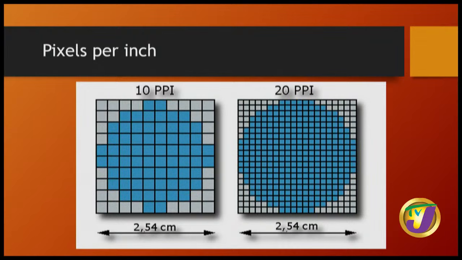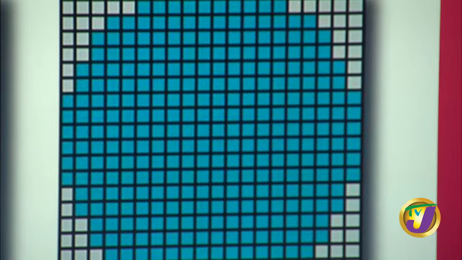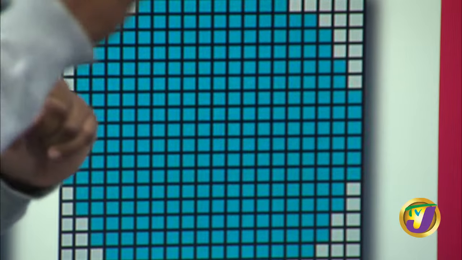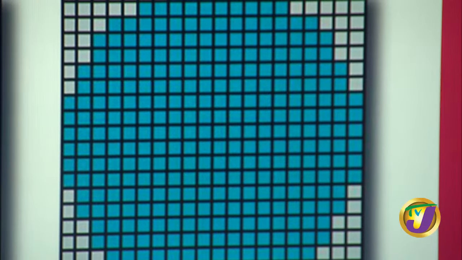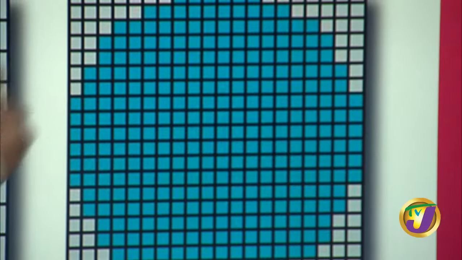If you're looking at our screen here now, you will see where we have a 10 ppi, or 10 pixels per inch, where we see 10 different squares in 1 inch or 2.54 centimeters. And then we have another image where we have 20 pixels per inch. And that means 20 different squares, or 20 small squares, inside of that 1 inch length.